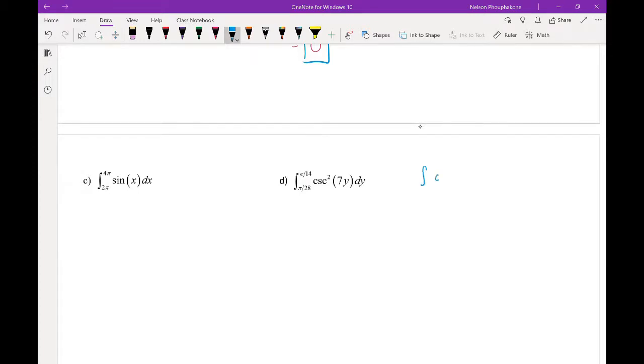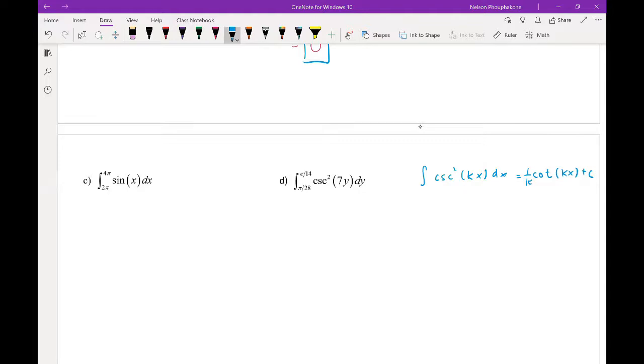The antiderivative of the cosecant squared of kx dx is actually equal to negative 1 over k cotangent of kx. So this is the antiderivative of the cosecant squared of kx. Later on I will show you why we have 1 over k here when we get to the section on substitutions. But right now, just know this is the one.